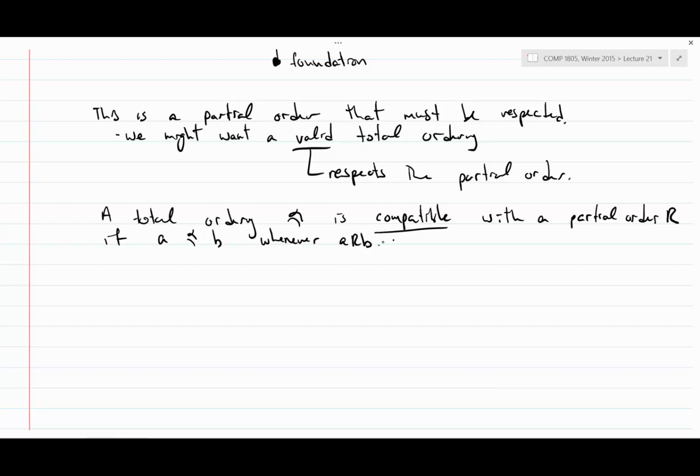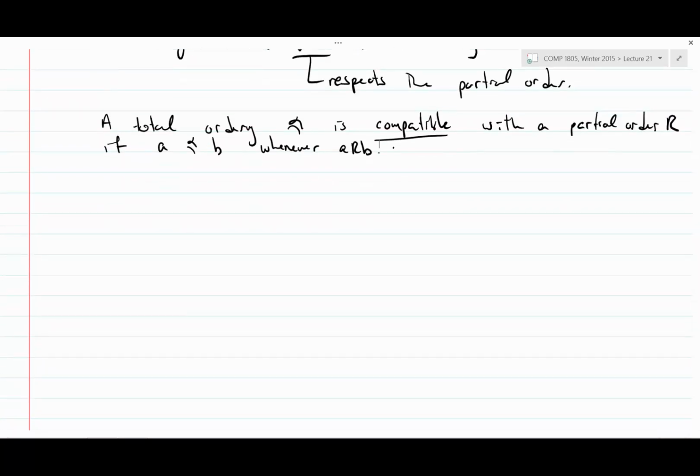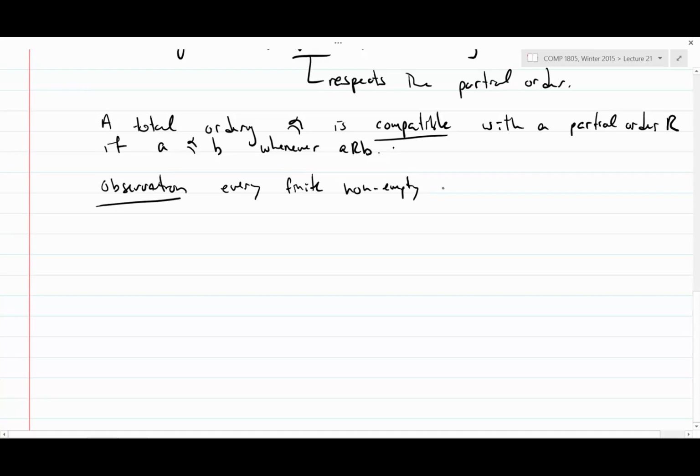All right. So we need one observation that'll let us do this. And this is the observation. The observation is that every finite, non-empty poset has at least one minimal element.